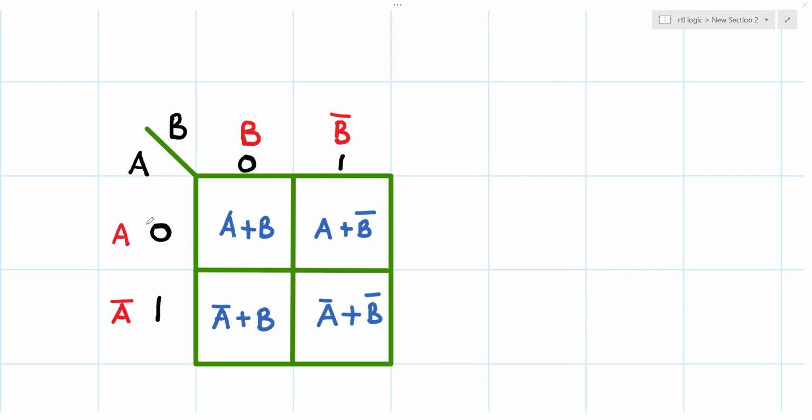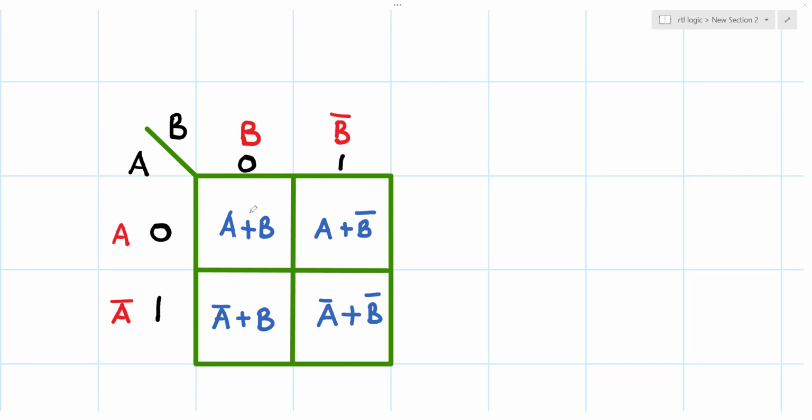So A here, when it is 0, that means we said it was A bar. And when it is 1, we said it was simply A. Similarly, for 0 for the B here, we said it is B bar. And 1 here, it means it was B. But now here you see the completely complementary form.